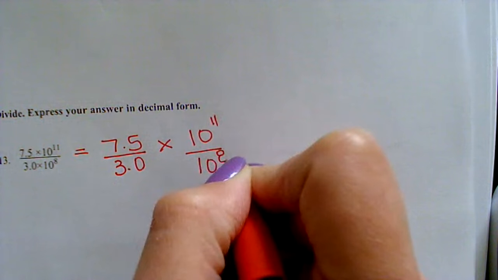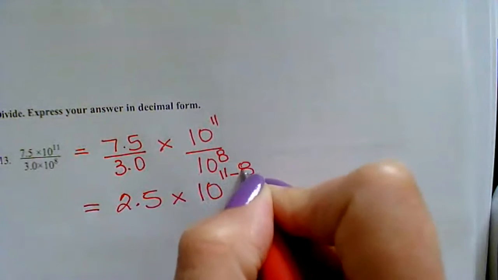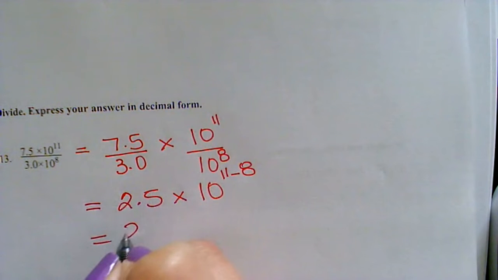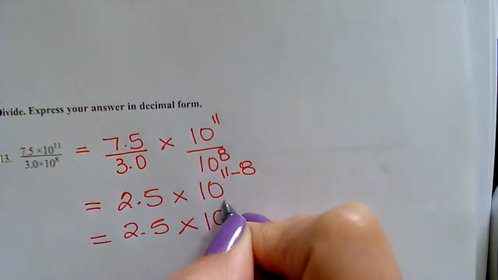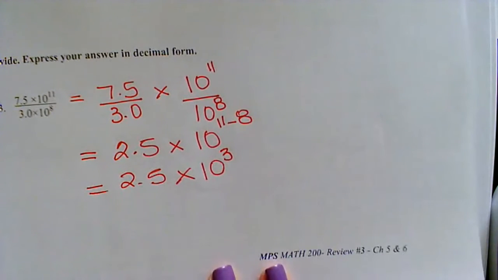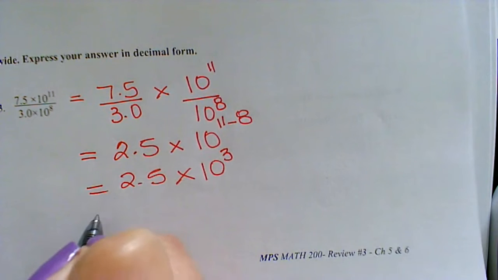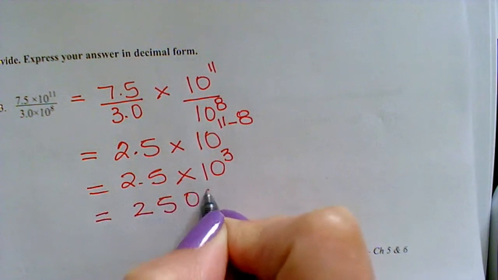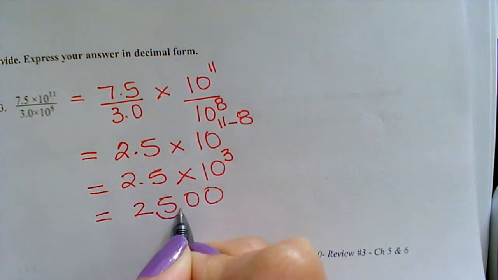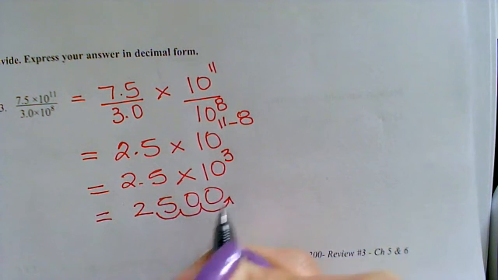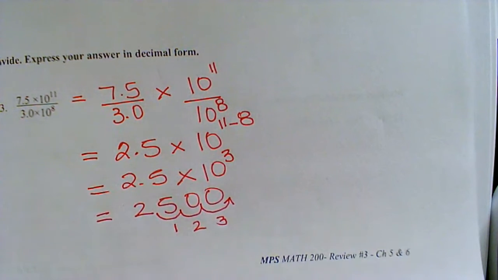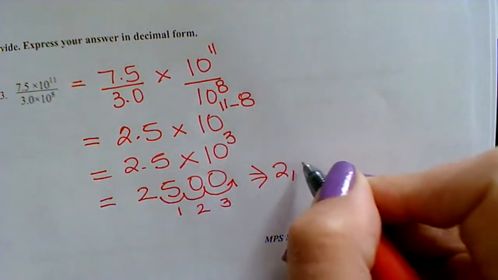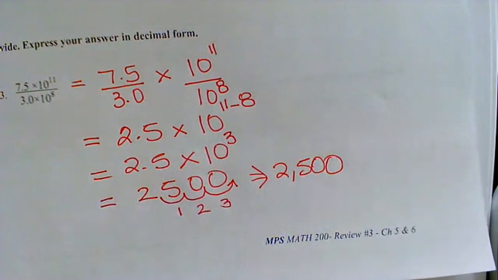And here will be 10, 11 minus 8. So what do we get? 10 to the third power. And what is 10 to the third power if they want us in decimal form? We're going to move the decimal 1, 2, and 3. So my answer is going to be 2,500. All right.